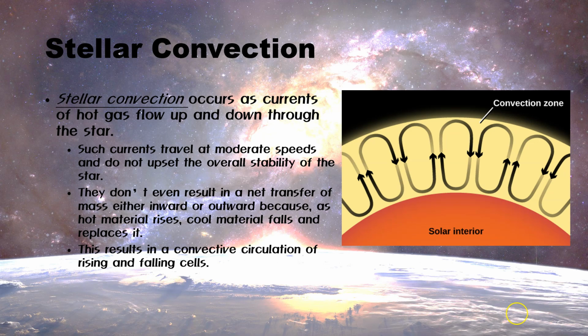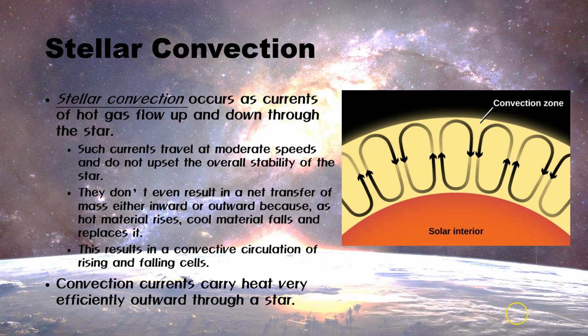These loops don't even result in a net transfer of mass either inward or outward, because as the hot material is rising toward the surface, cool material falls and replaces it. This results in a convective circulation of rising and falling cells. Convection currents carry heat very efficiently outward through a star because you're taking that hot material, bringing it to the surface, and the cool material is coming back down.